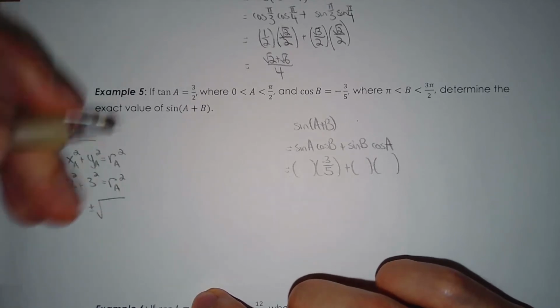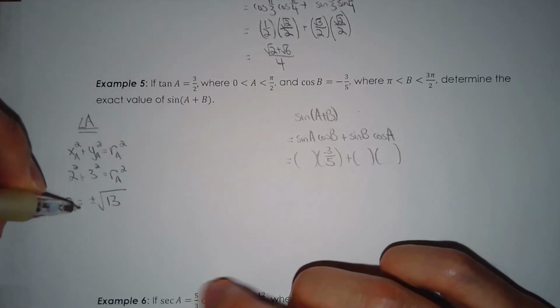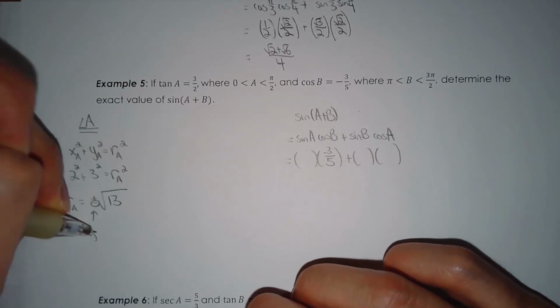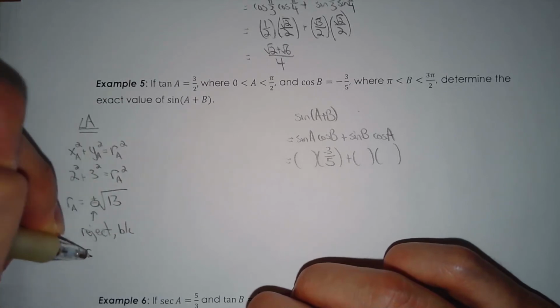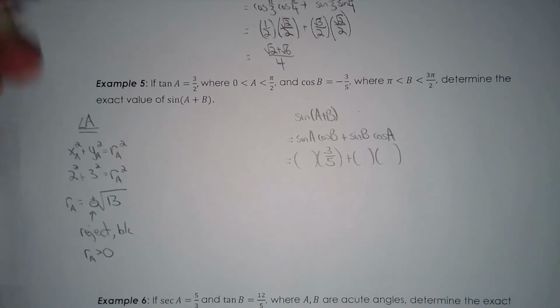So that's 4 and 9, that's 13. So we're going to reject the negative root 13. Not because it's negative, because the radius of the circle has to be positive.